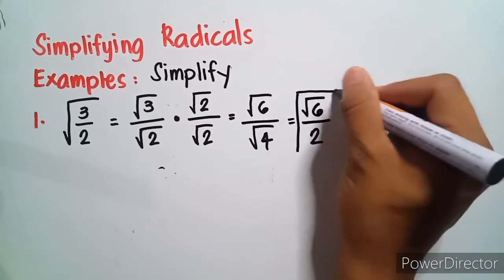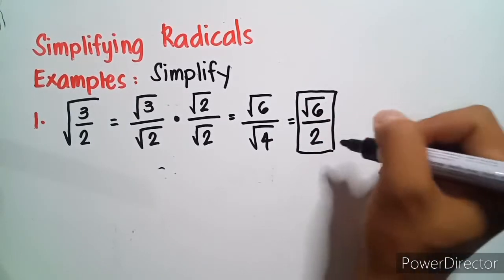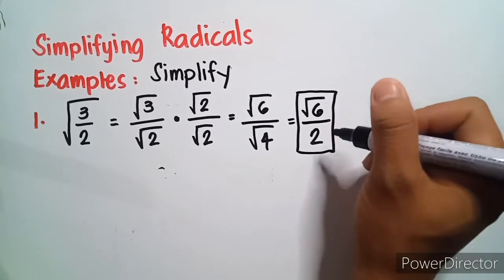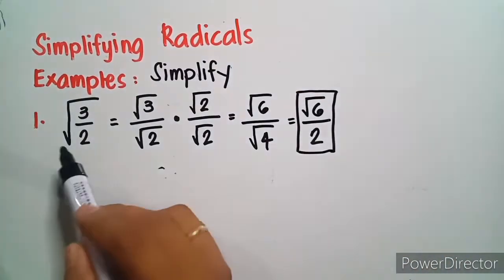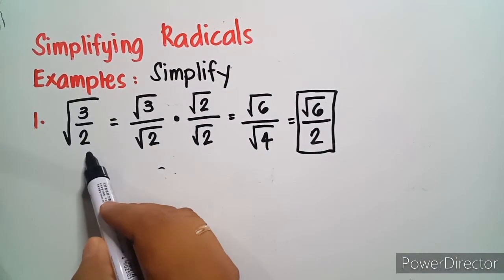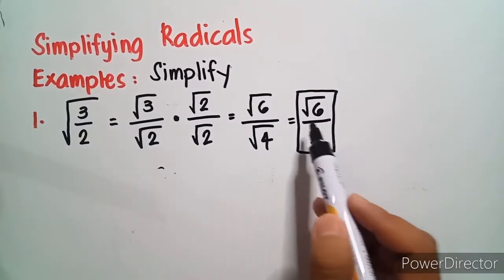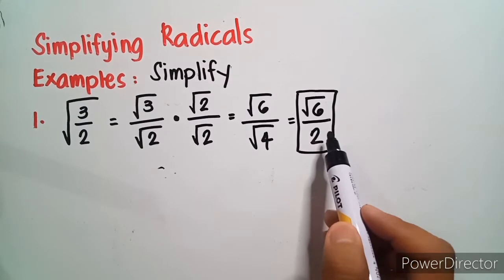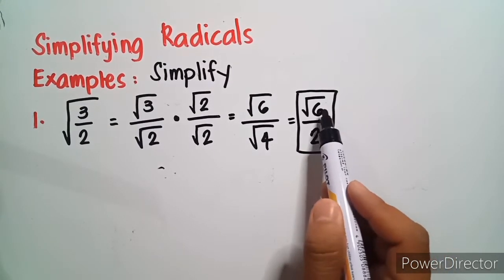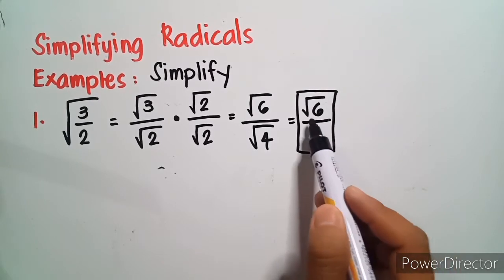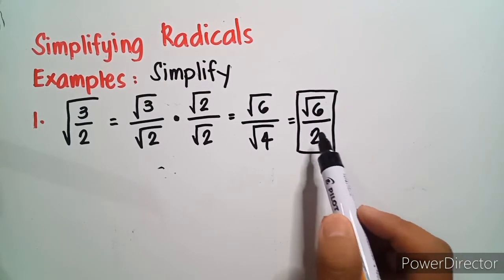So, kung mapapansin nyo, wala nang radical sa denominator, and now this is in simplest form. So, ibig sabihin, yung square root of 3 over 2 ay equal pala kay square root of 6 over 2. Square root of 6, wala siyang factor na perfect square, kaya siya na yung ating numerator. So, the answer is square root of 6 over 2.